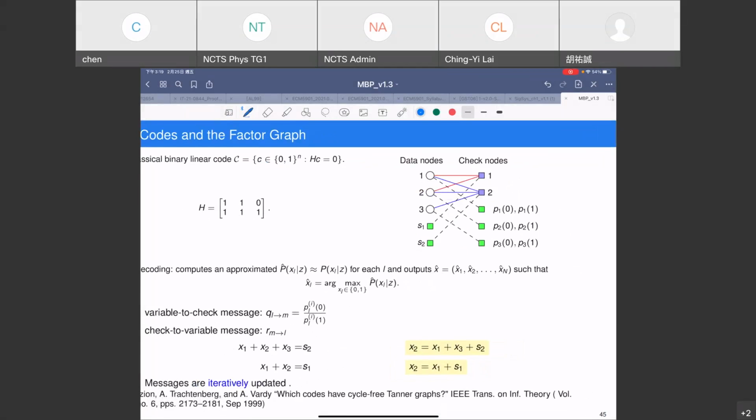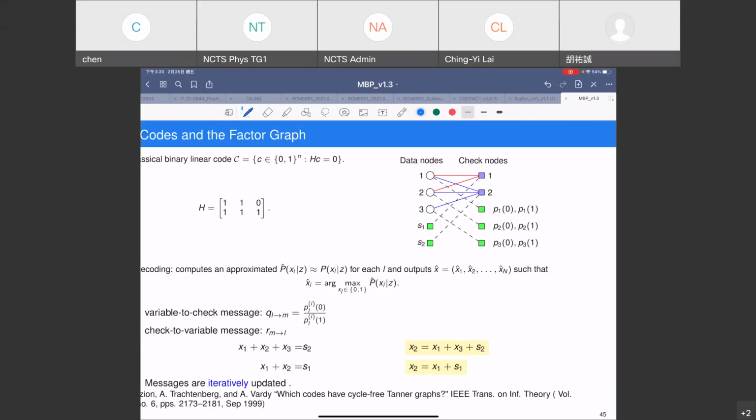Here we have three variable nodes and two parity checks, right? They are connected according to this matrix. Parity check 2 will check the relation between bits 1, 2, 3. Parity check 1 will check the relation of bits 1 and 2. So this is 1, 1, 0.